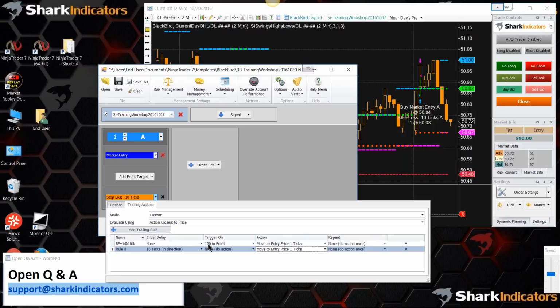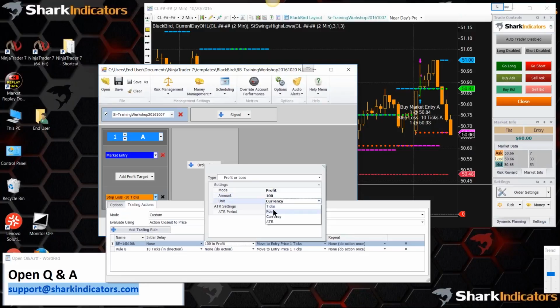Either we wait for $100 in profit, or we set a delay of 10 ticks, but there is no trigger. If we do rule B, we just have a delay waiting for 10 ticks in profit, and we move straight on to the action. In the first rule, there's no delay, but we have to wait for the trigger event to happen, which is $100 in profit.